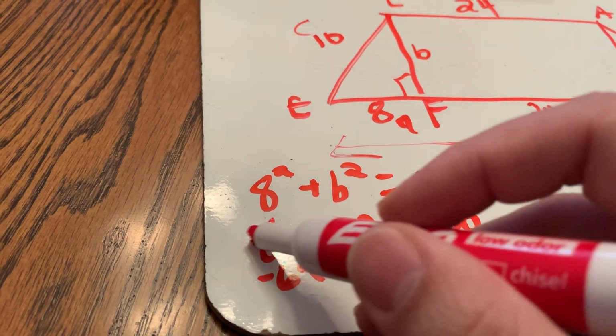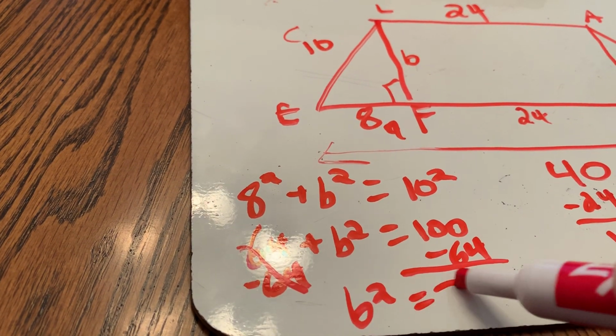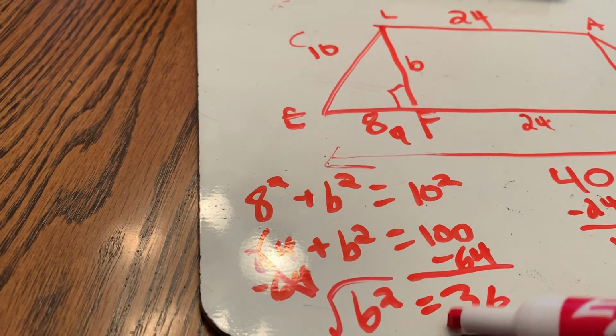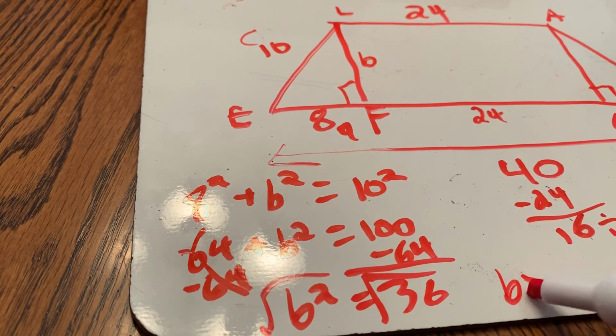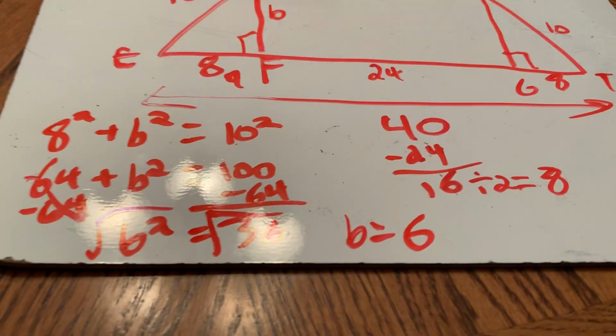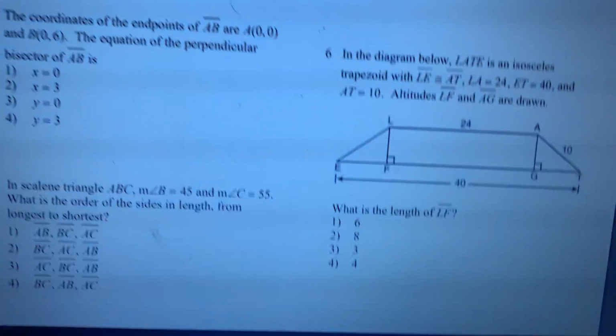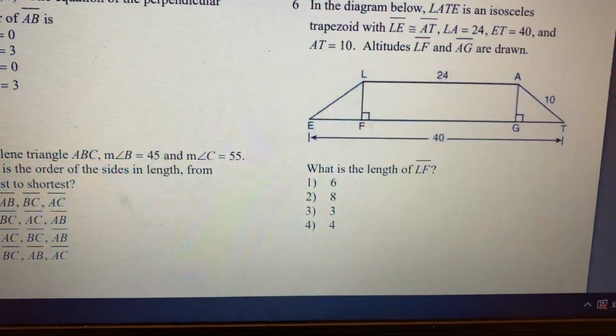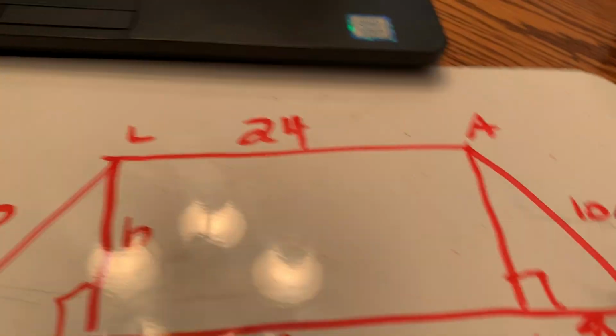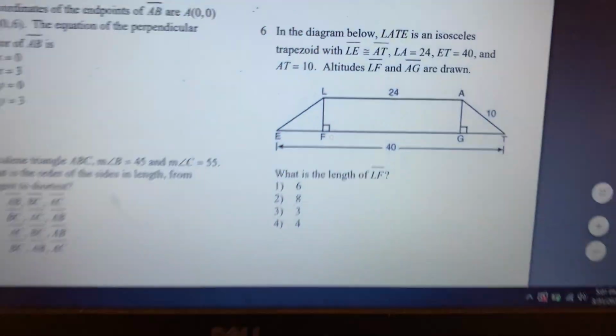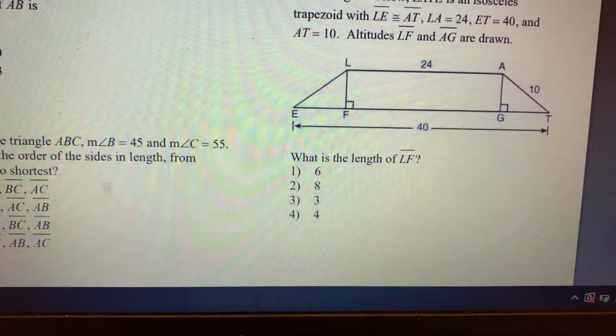B squared equals 36. Square root both sides. B would be 6. And we wanted LF, and LF and AG would be the same thing, which is 6, which is answer choice 1.